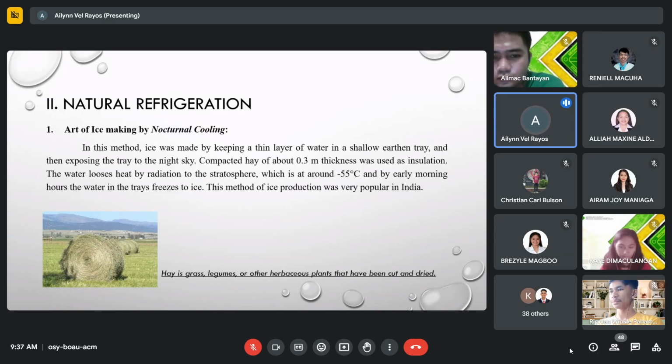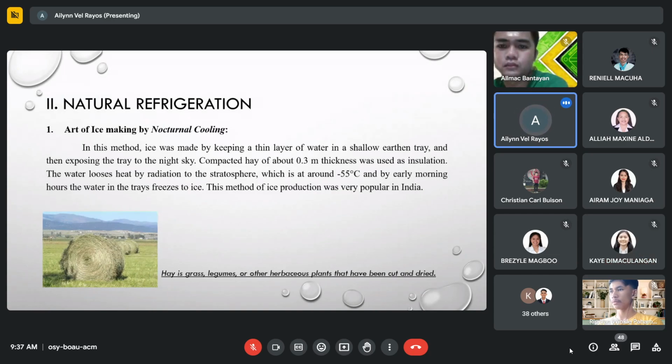So in this case, we use the temperature of the stratosphere and use radiation in order to create ice.